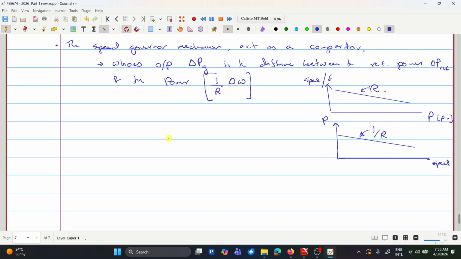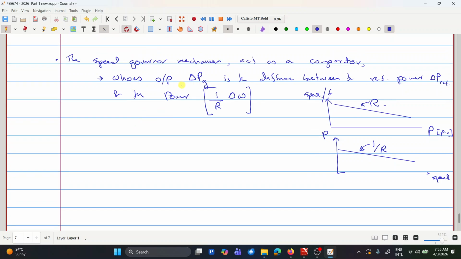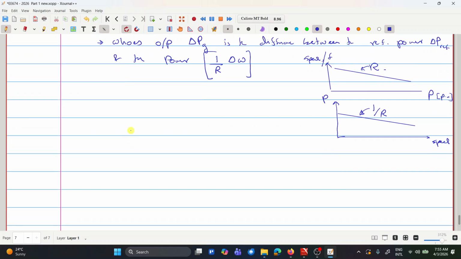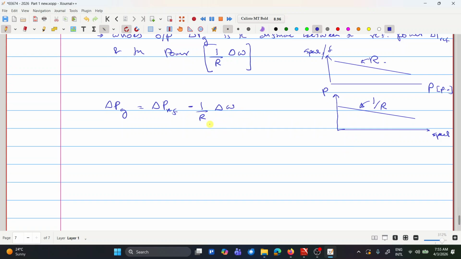Okay, so then the output power of the governor, delta Pg, is equal to the reference power minus 1 over R delta omega, right?